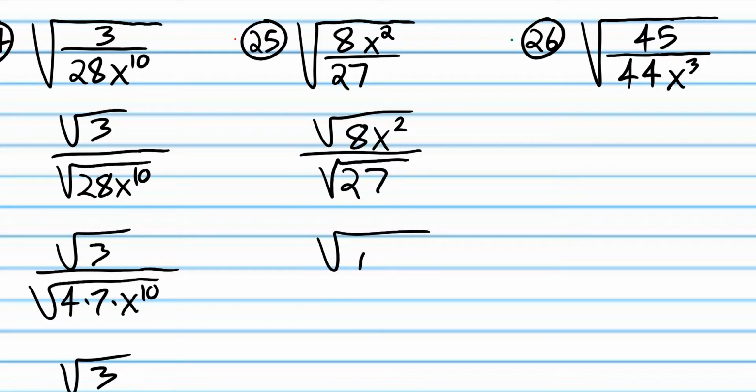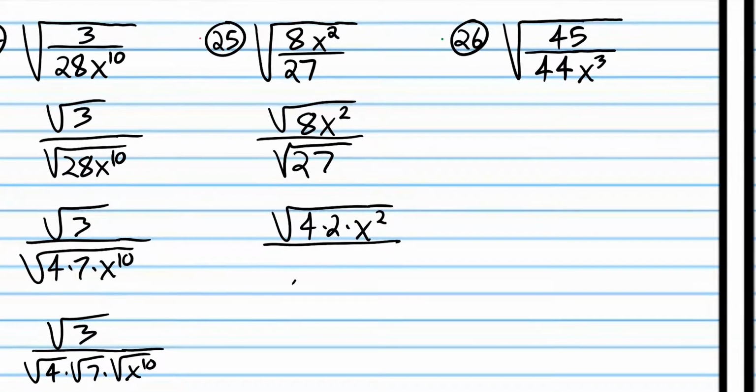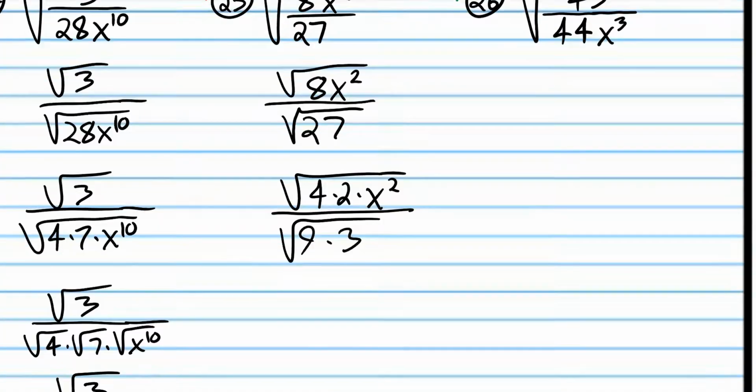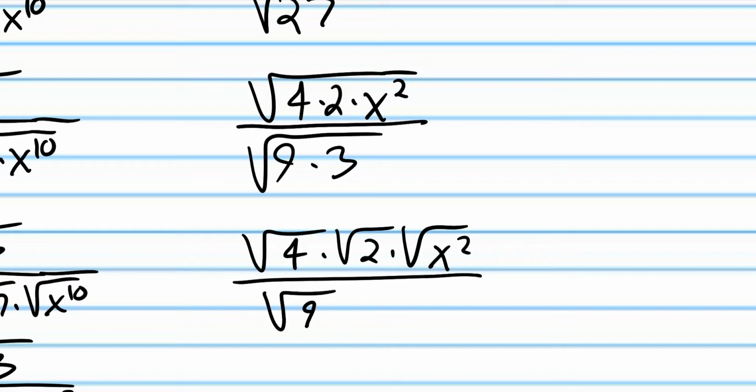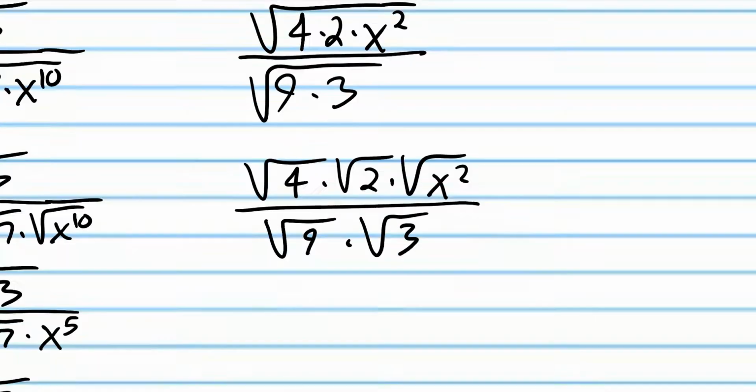It's going to be 4 times 2 times x squared. We don't really need to factor the x squared. That's an even power. And this is going to be 9 times 3. So now we separate root 4 times root 2 times root x squared all over root 9 times root 3.